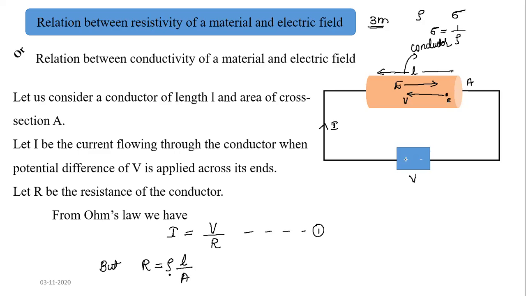R is equal to rho into L divided by A, where rho is the resistivity of the conductor.